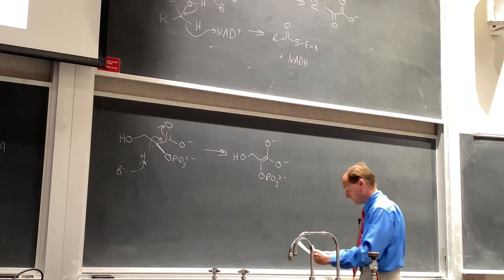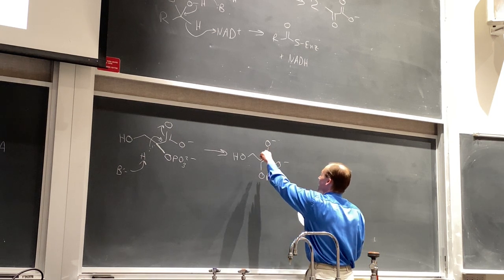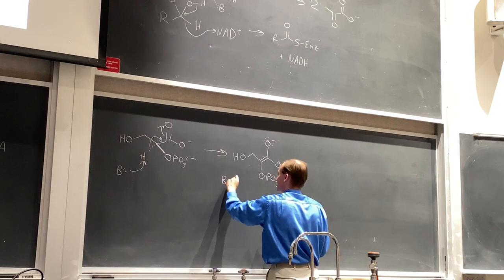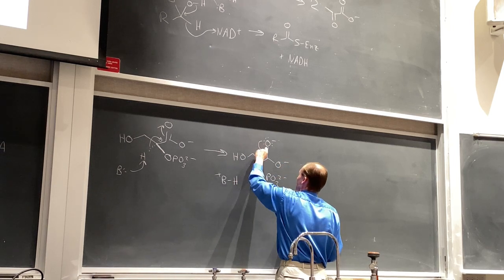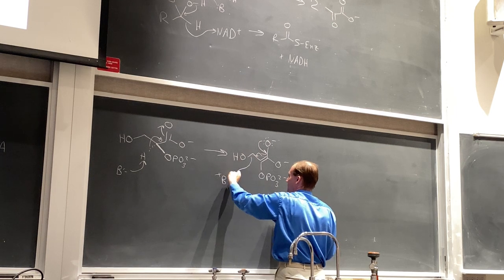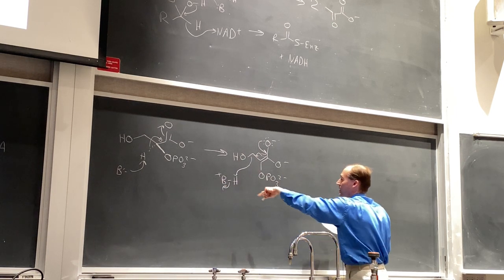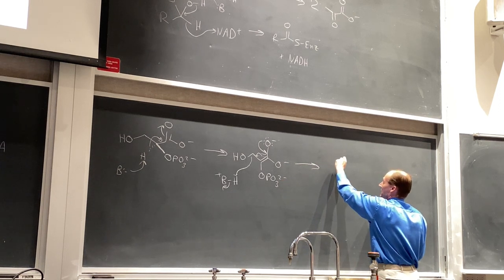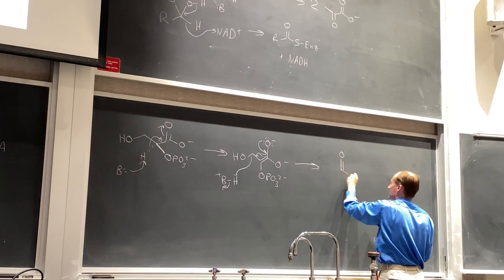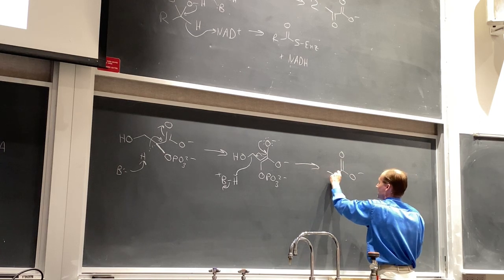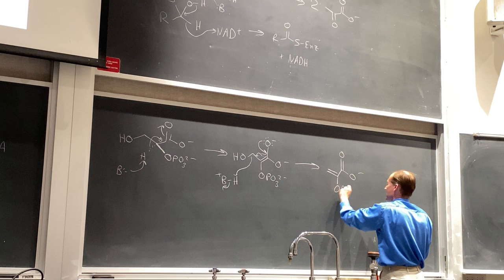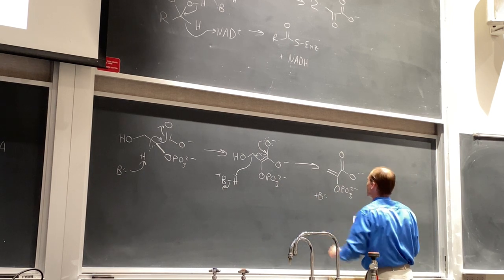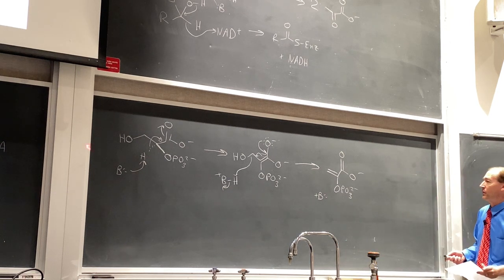And then once we have this intermediate enolate, we're going to have elimination of the OH, but rather than form hydroxide, when that comes off, it's just going to take the proton from the base, and that's going to give us our phosphoenol pyruvate and reform our base.